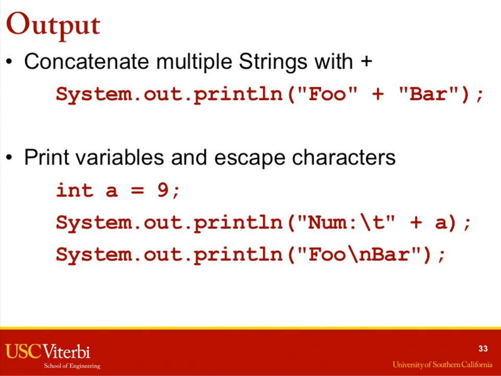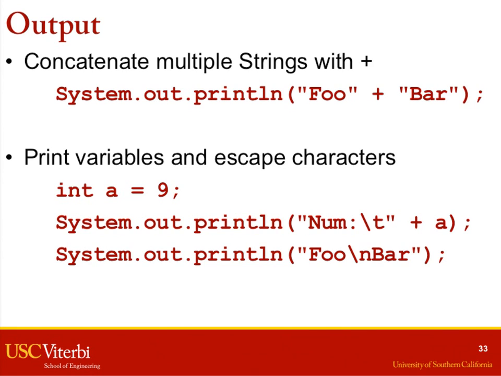We can also concatenate strings with a plus sign. So if you wanted to add foo and bar together. Or we can also use escape characters. \t is a tab. \n is a new line. So say you had a whole string and you wanted to put a return to make it look nicer, \n is a new line.